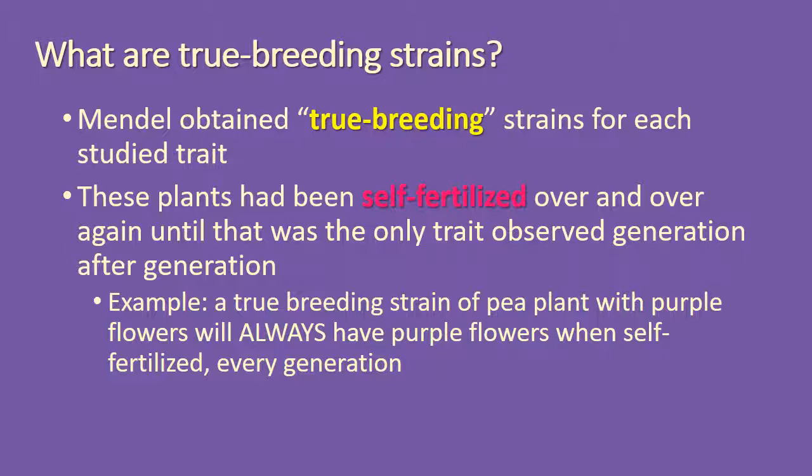It's never going to throw a short plant in there. When they say they breed true, it means that they always have the same phenotype over and over with each generation. And really what that means, and you'll see later down the road, is it means that it's homozygous for that particular trait.